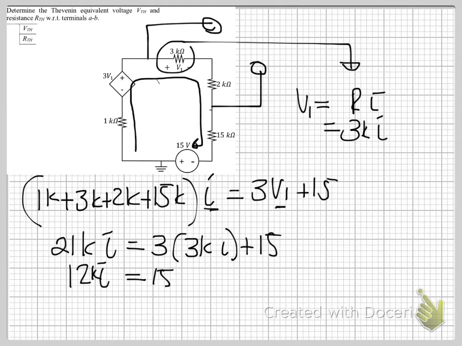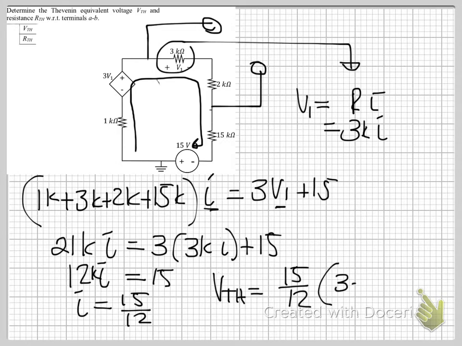Therefore your current is equal to 15 over 12K, and your V Thevenin, VTH, is equal to 15 over 12K multiplied by 3K plus 2K. My bad, forgot about that K.